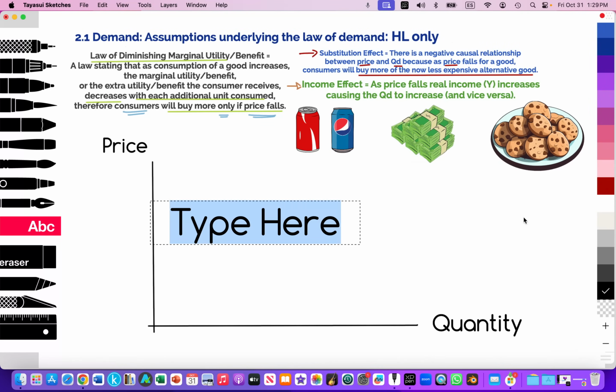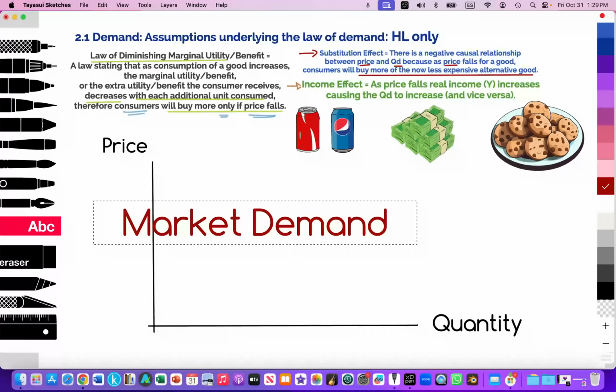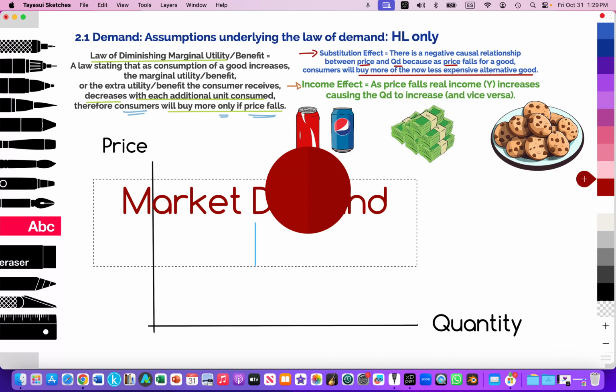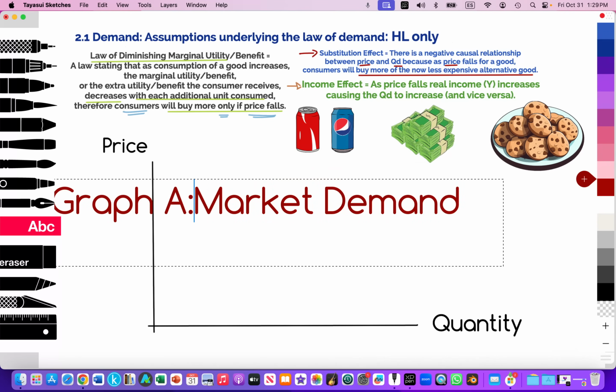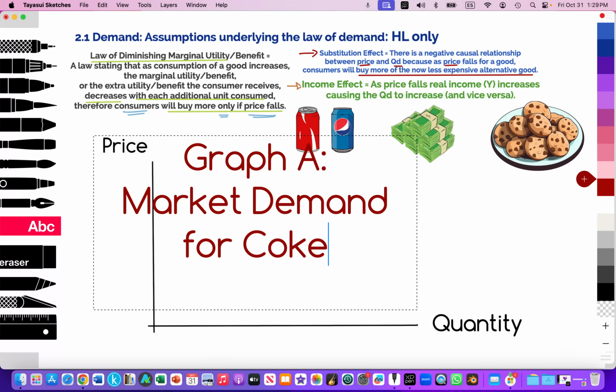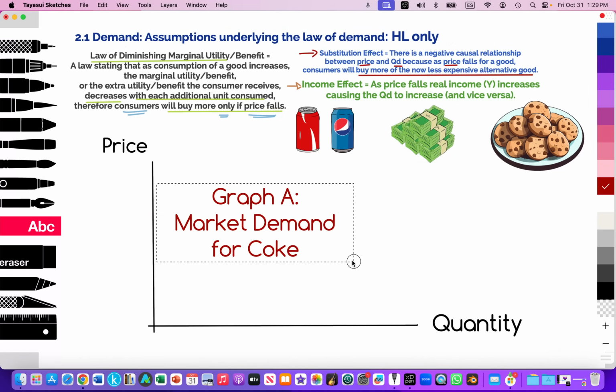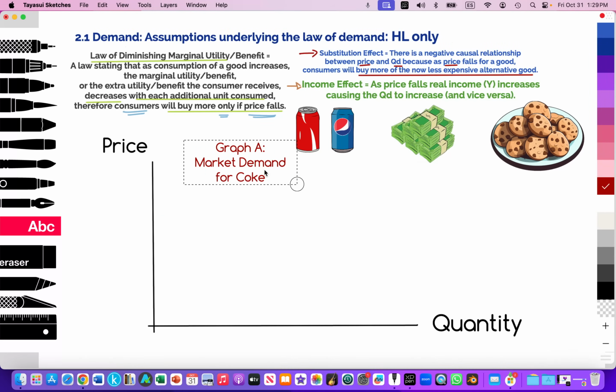And we're going to have the market for Coke. So here we have the market demand. Let's say graph A, the market demand for Coke. And let's make that a little bit smaller, much smaller. All right, there we go.